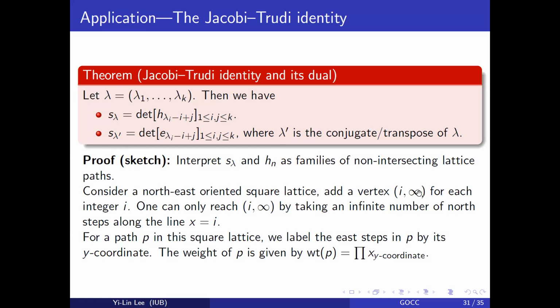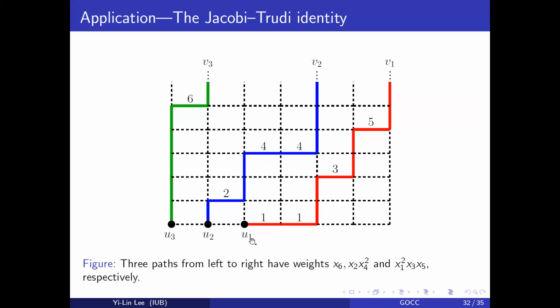The only way to reach this point is by taking an infinite number of north steps along the line x equals i. So let's look at this picture. We have some starting points at the bottom, u1, u2, u3, and some ending points, v1, v2, v3 at infinity. We can only reach these points by taking infinitely many north steps, going up along the line where this point is.